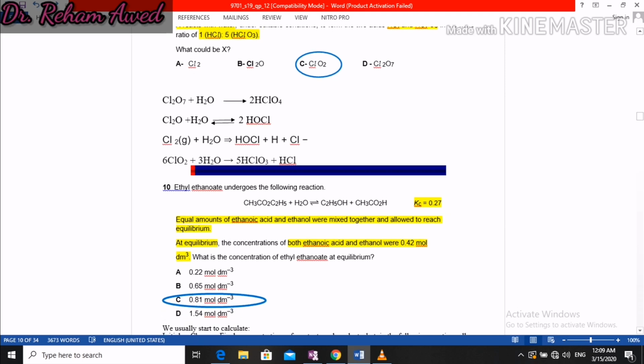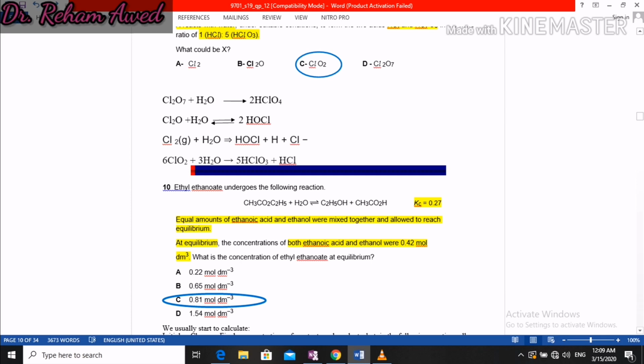Ethyl ethanoate undergoes the following reaction. At first, we have the ethyl ethanoate plus water in a hydrolysis reaction to form ethanol plus ethanoic acid. In this reaction, we can see that the equilibrium constant Kc equals 0.27.